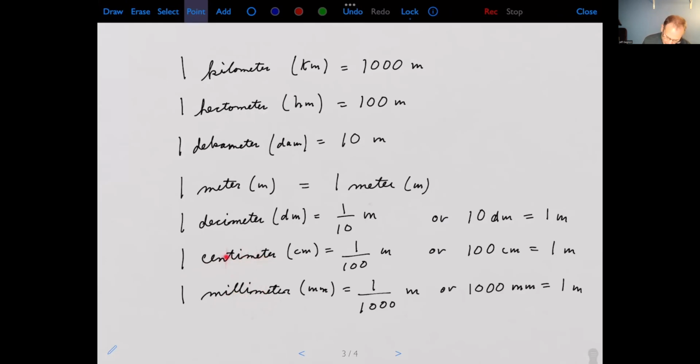Because if I jump up by one, these keep increasing by 10 times. So again, 1 centimeter is 10 times as large as a millimeter.